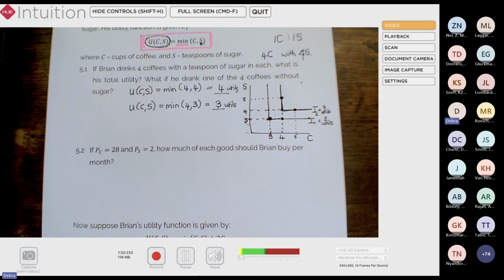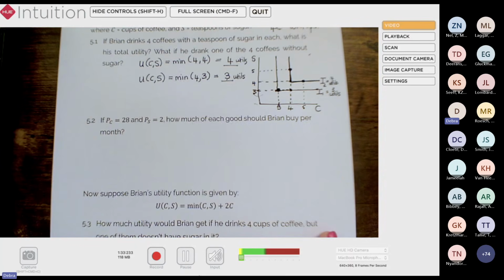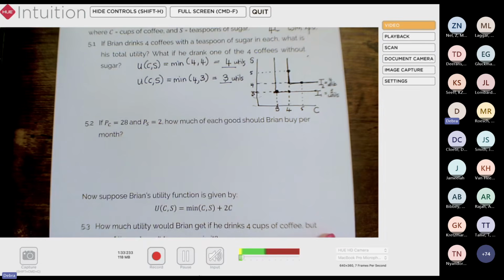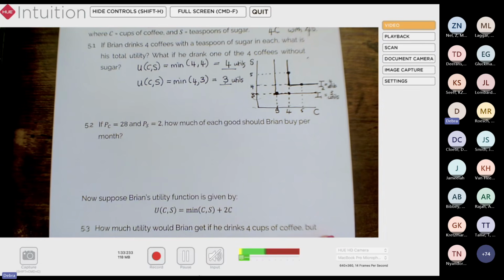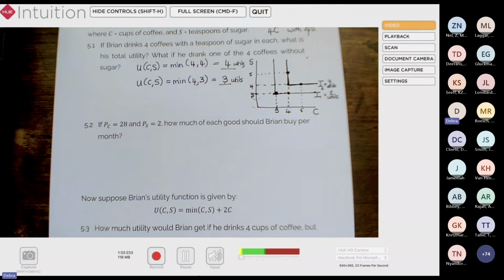Okay, 5.2 then says, if the price of coffee is 28 and the price of sugar is 2, how much of each good should Brian buy per month? What we know is that Brian needs to always consume in the ratio of 1 cup of coffee to 1 teaspoon of sugar.